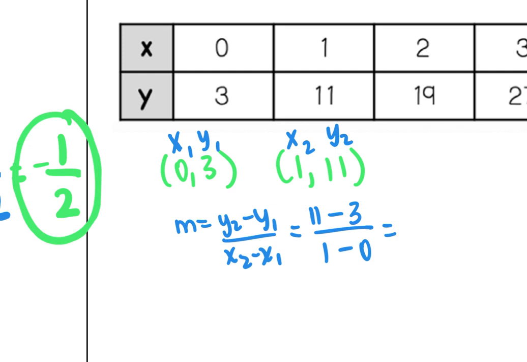So now that it's all set up, we can go ahead and do the subtraction. 11 minus 3 is 8. 1 minus 0 is 1, and 8 divided by 1 is 8.